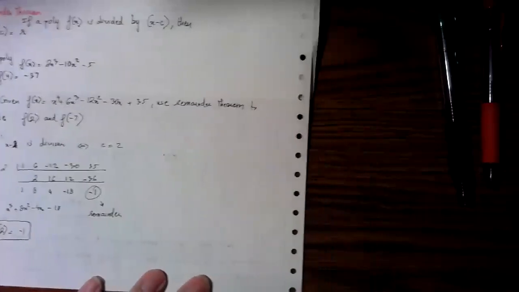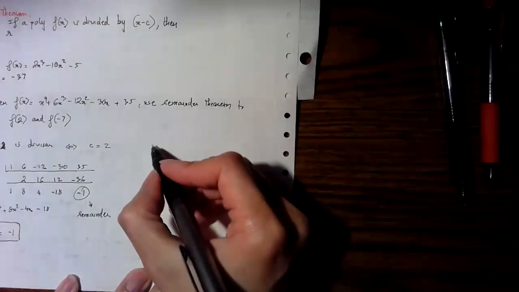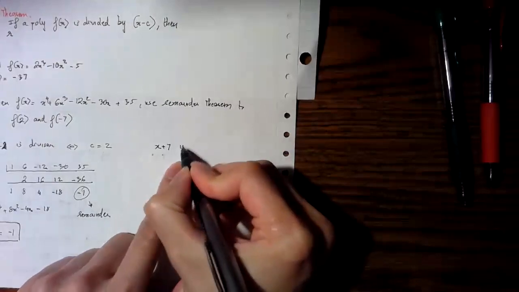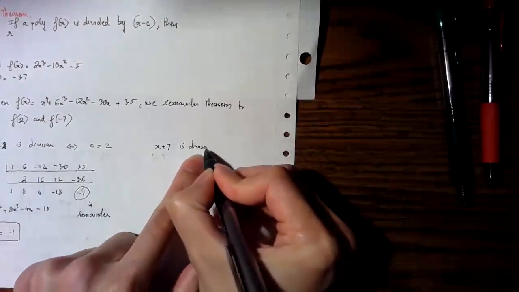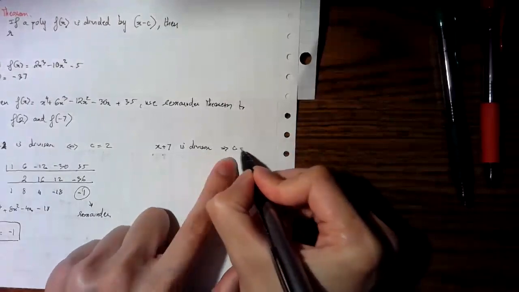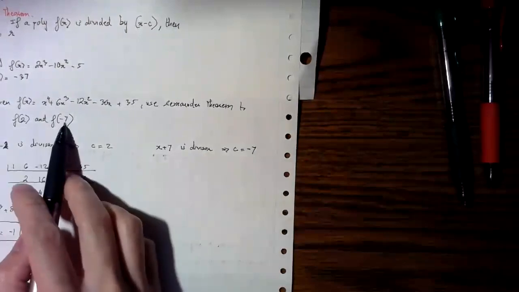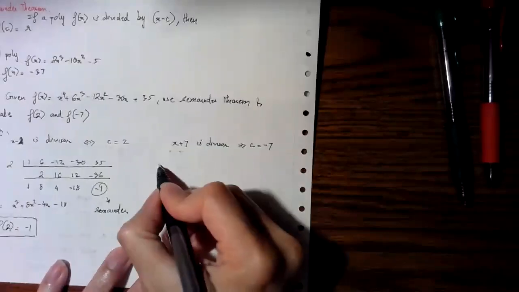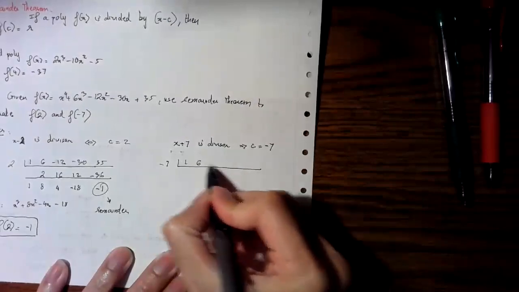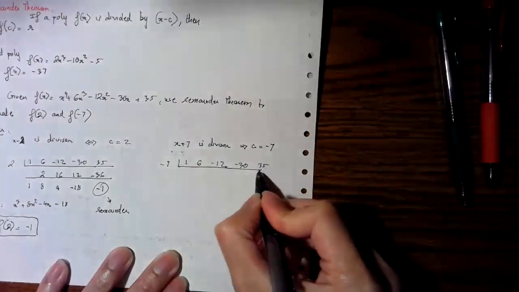Similarly, I can evaluate at x equal to -7. It means x plus 7 is the divisor, and this means c is -7. You set up the same thing: -7, then 1, 6, -12, -30, 35.